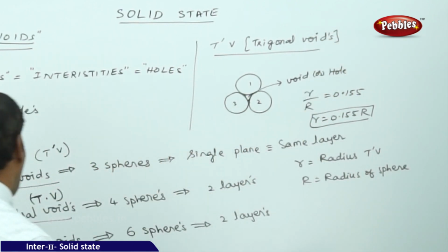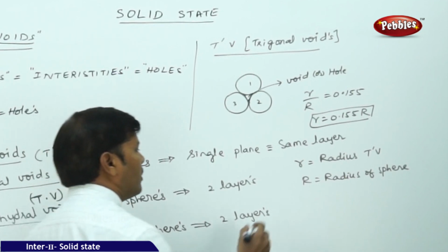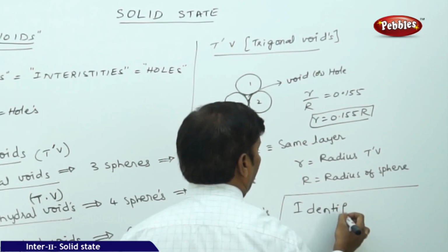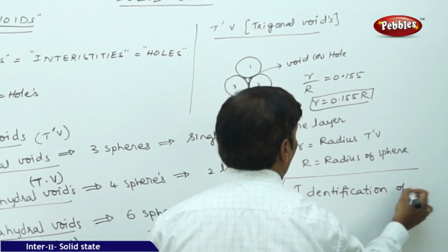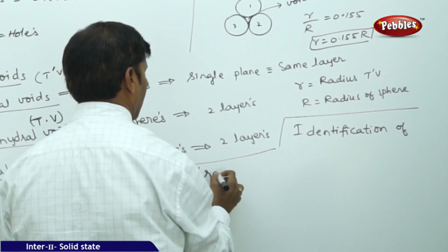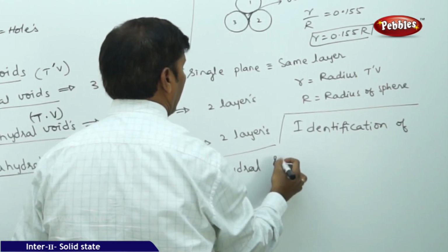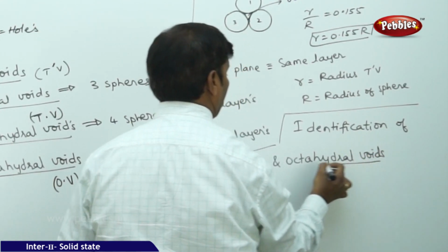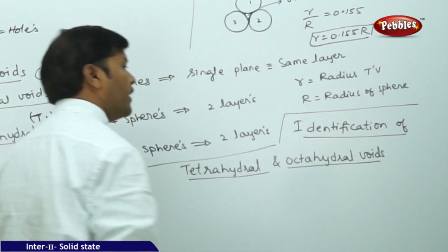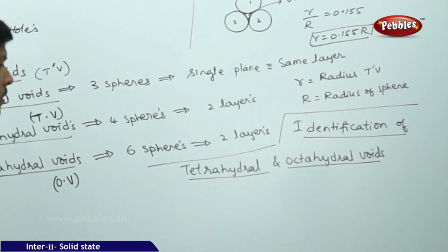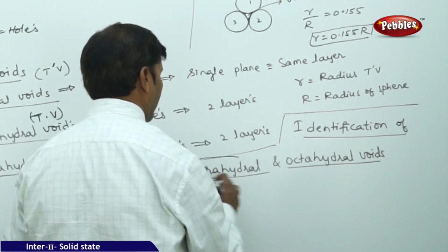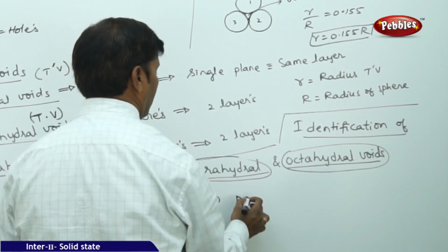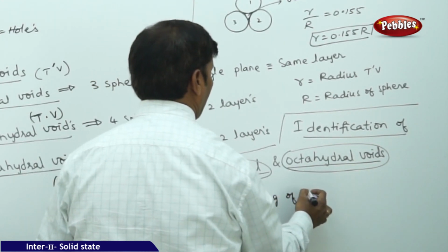Now if you go for tetrahedral voids and octahedral voids, the topic is identification of tetrahedral and octahedral voids. Usually we can identify the tetrahedral as well as the octahedral voids in 2-dimensional packing of crystals.